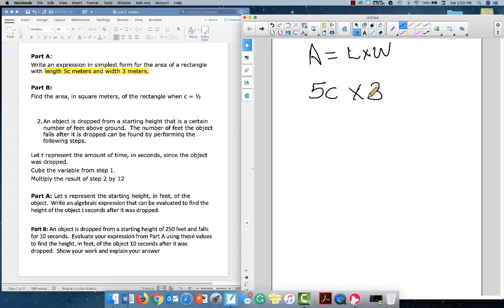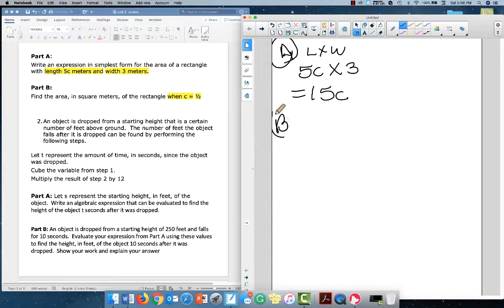I need to find the area, so in this case I need to evaluate it. So that's going to give me 15c. And it's going to get just a little complicated here because it's going to involve some fractions, and you will see what I mean. This is part A.